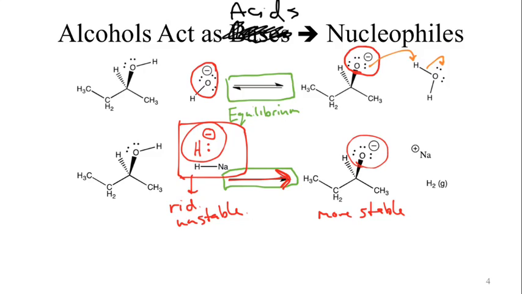Another thing we can do to evaluate why this reaction might be helpful is in our first reaction there, that equilibrium one, you notice that I used those orange arrows to say that the ethoxide could react with the water to pick up another hydrogen. Well, let's go back and see what we can do in the case of our second reaction.